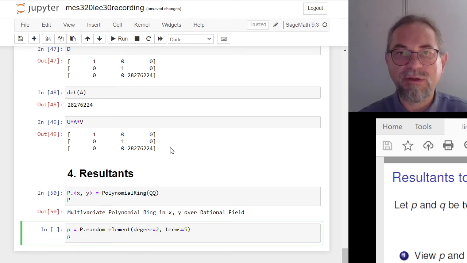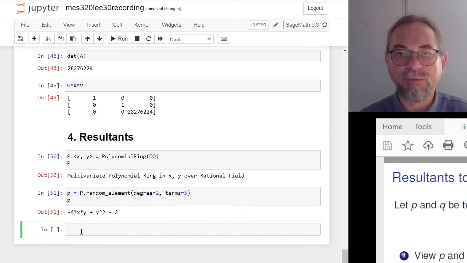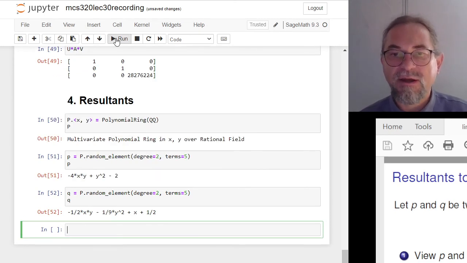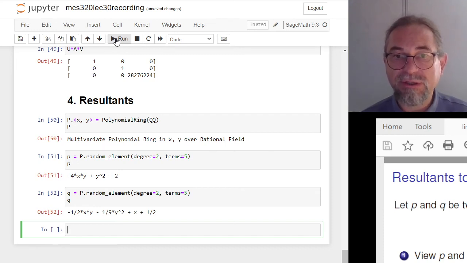See, it doesn't really look that random, but it's random enough for us. I will make another polynomial, also with 5 terms. Well, I want 5 terms. Let's see what I get. I get 4 terms.